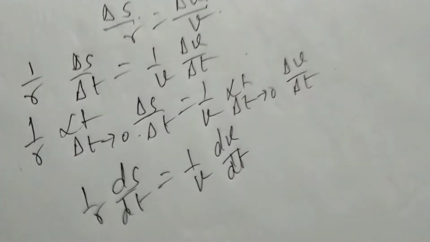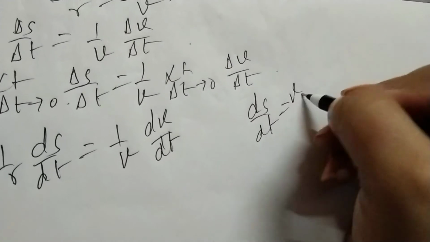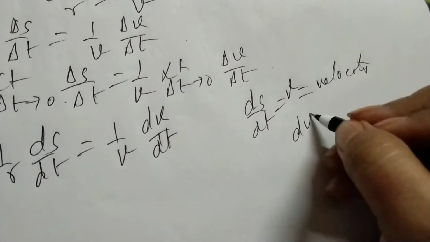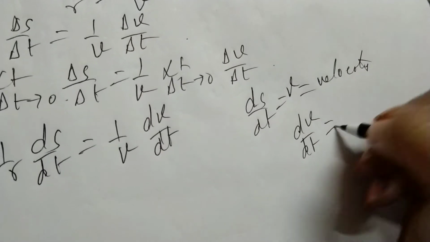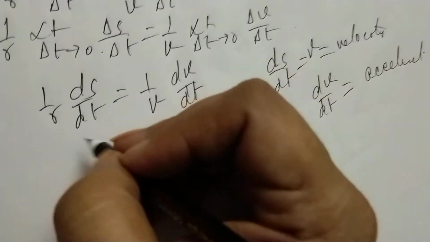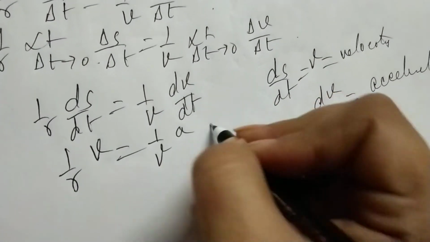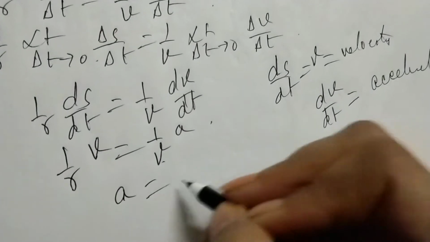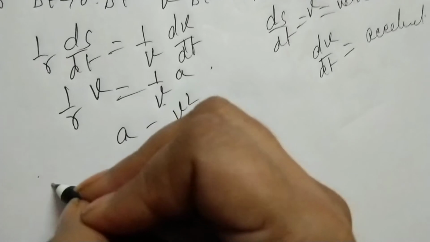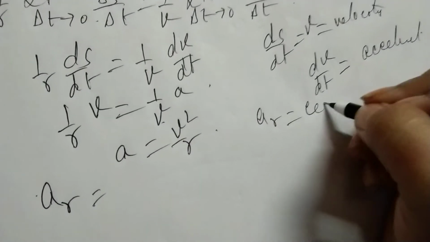Now you all know ds by dt gives you velocity, and dV by dt gives you acceleration. So we can write 1 by R V is equal to 1 by V A. So we can write A is equal to V square by R. This is the centripetal acceleration, AR. The suffix R means centripetal acceleration.